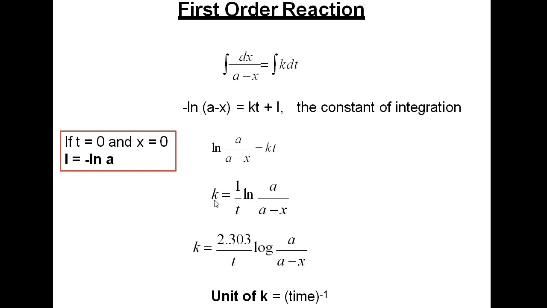Then simplify it. k is equal to 1 upon t, natural log of a upon (a minus x). Convert natural log into log base 10 by multiplying by 2.303. k is equal to 2.303 upon t, log of a upon (a minus x). This is the expression for first order reaction.